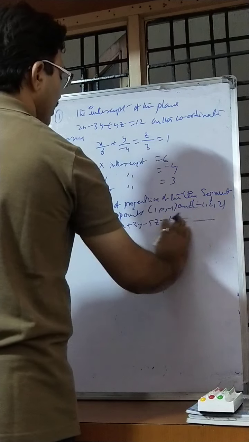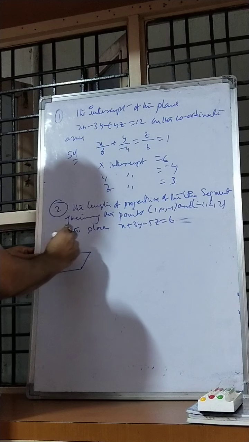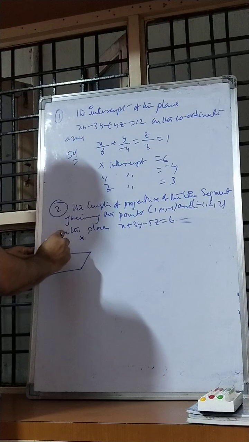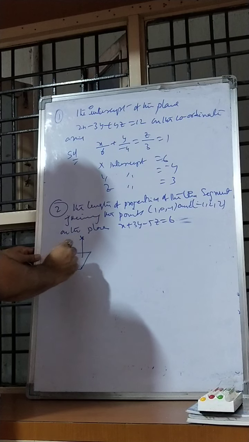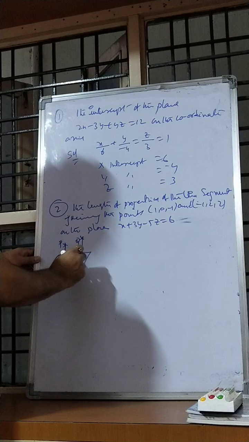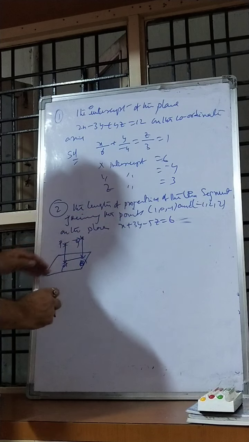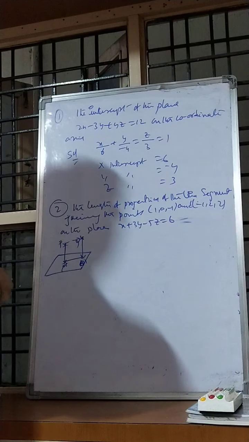It is very simple. There is a plane, and the points P and Q; take the foot of perpendicular of P and the foot of perpendicular of Q, say P dash and Q dash. The projection means you have to find P dash Q dash.